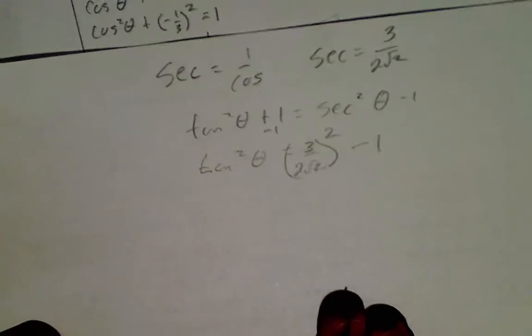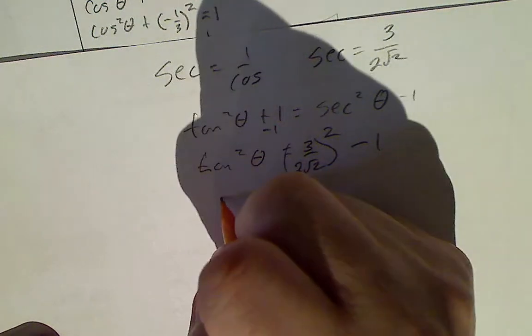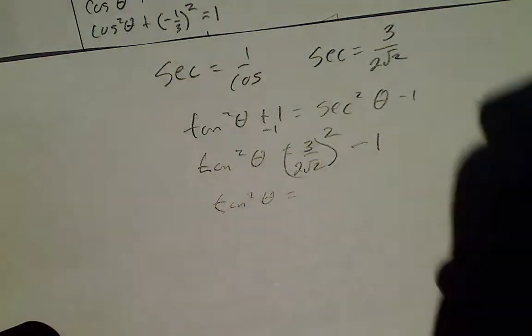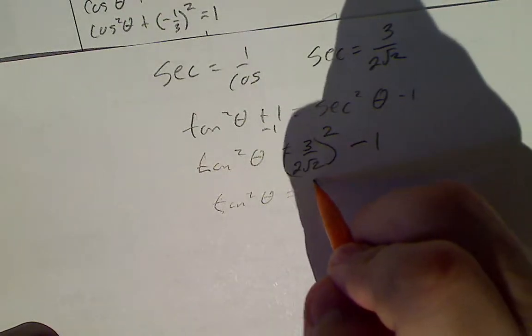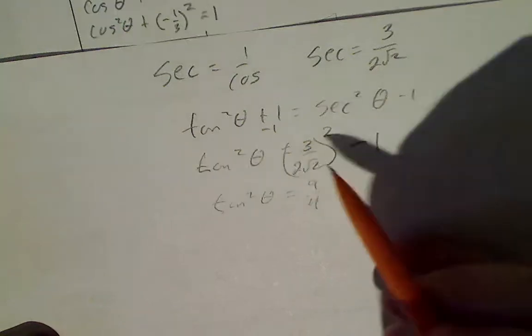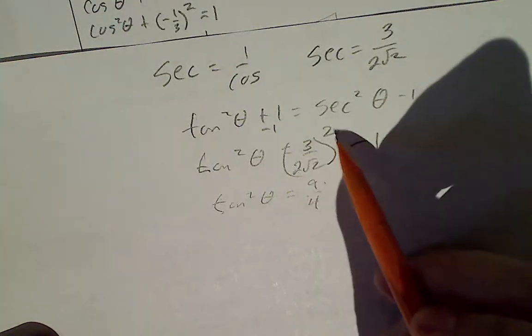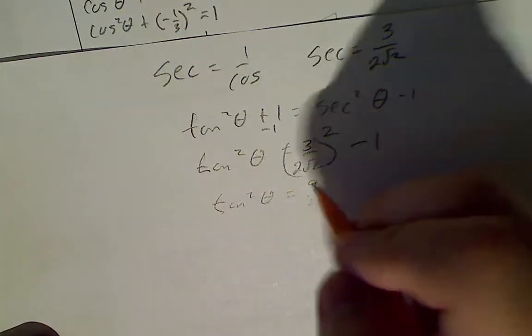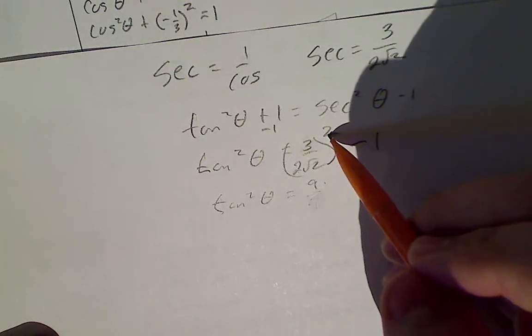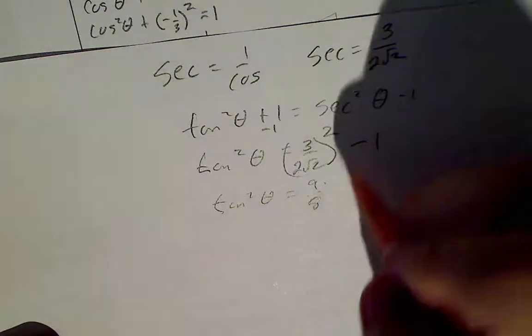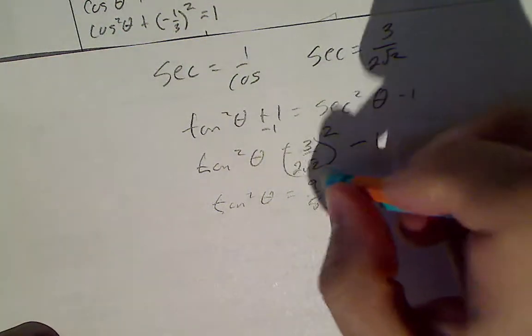So that gives me the tangent squared of theta, which is equal to 9 over 4. And again, 3 squared is 9, 2 squared is, oh, no, this is not 9 over 4. This is 9 over 8. So 2 squared is 4 times 2 is going to be 8, minus 1.